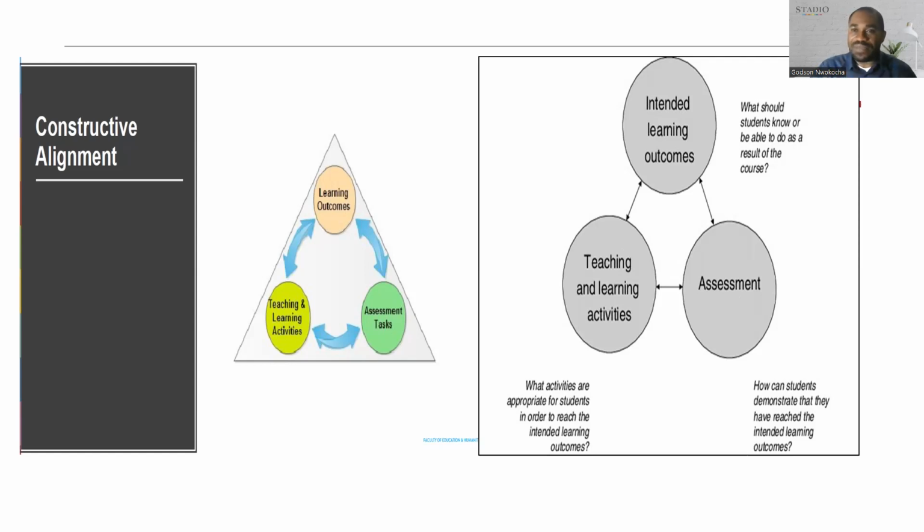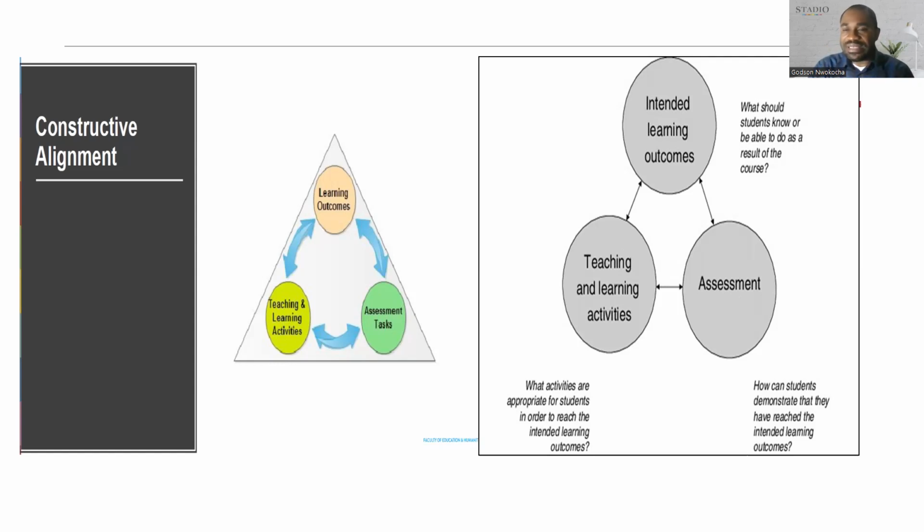Constructive alignment means that your content, the learning objectives, which some will call learning outcomes, and your teaching and learning activities speak to each other. You can see the way this model that I'm showing here links to each other.